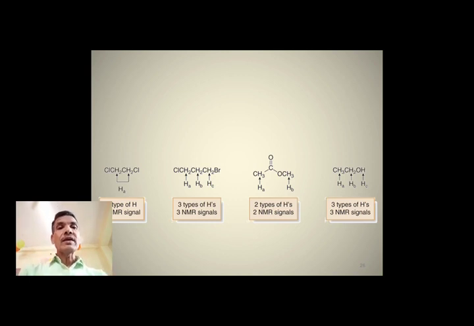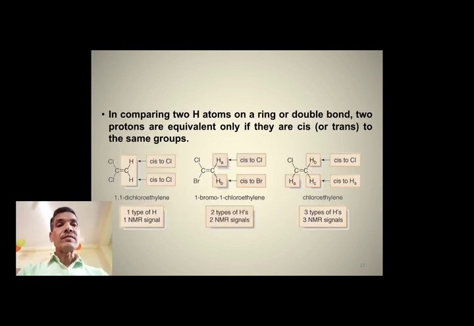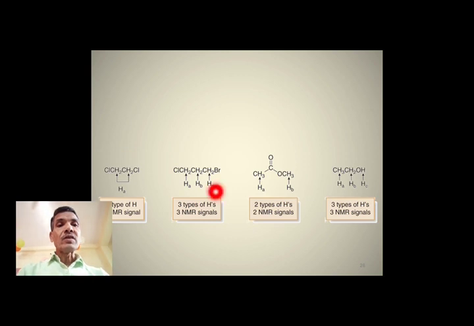While in another example, that is 1-bromo-3-chloropropane, CH2Br, CH2 and CH2Cl.